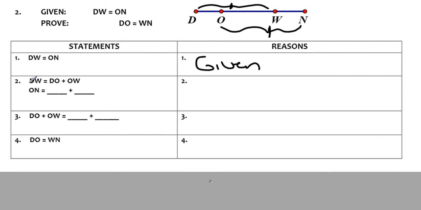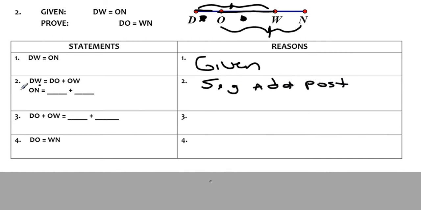And then it says that DW, the whole length of DW here, is equal to DO plus OW. Well, once again, all we're doing is we're taking a little part of the segment, a little part of the other segment, giving us the whole segment DW. That's our segment addition postulate.